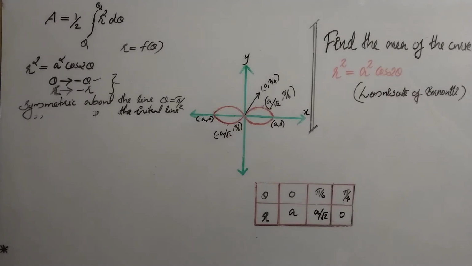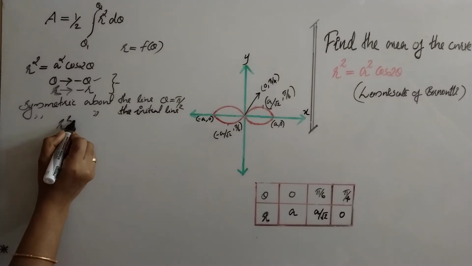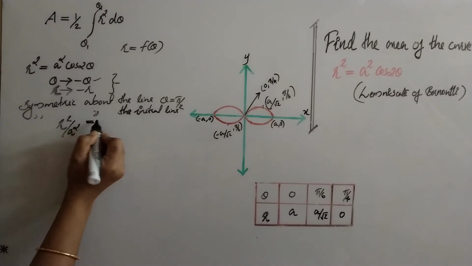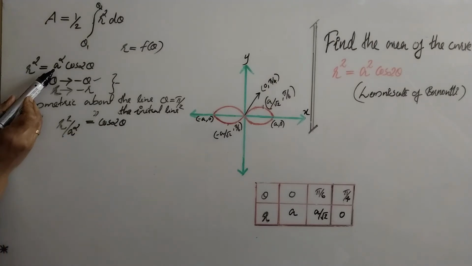Now, the given equation can be written as r square divided by a square is equal to cos 2 theta. I just take a square to LHS, that is r square divided by a square is equal to cos 2 theta.